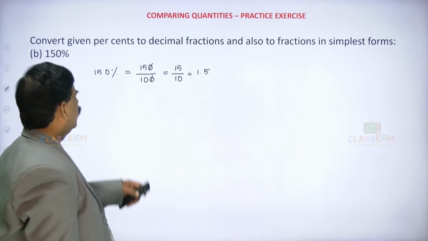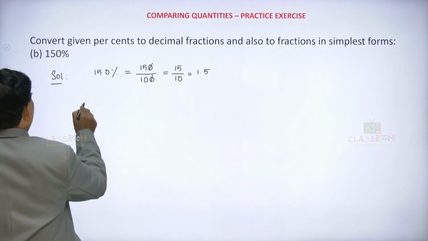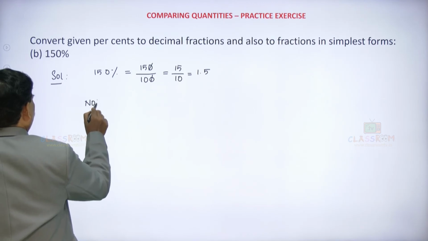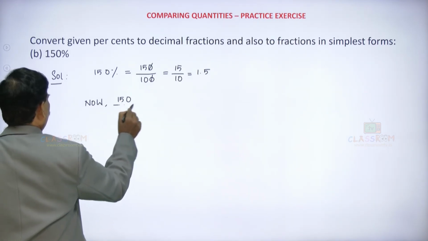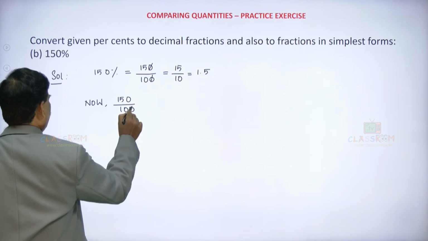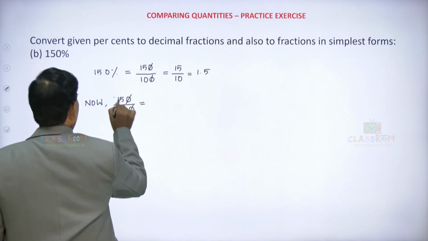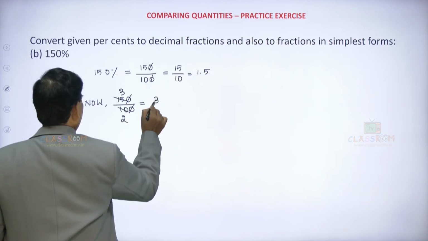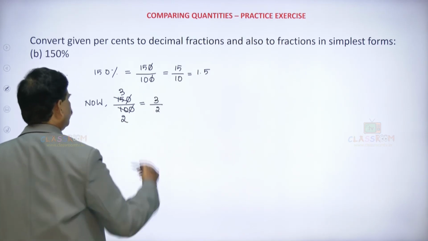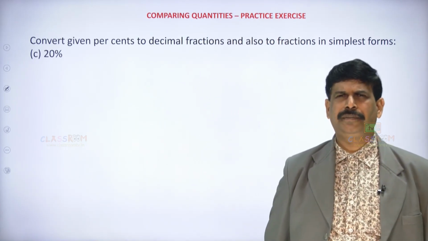That is the decimal form. So now, into the simplest form, 150 by 100, 0, 0 get cancelled. 5 3s are 15, 5 2s are 10. So this is 3 by 2. 3 by 2 is again 1.5. Clear?